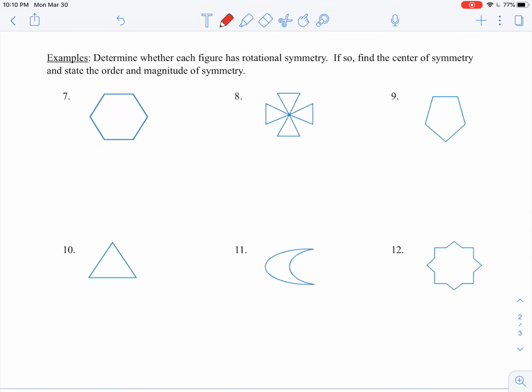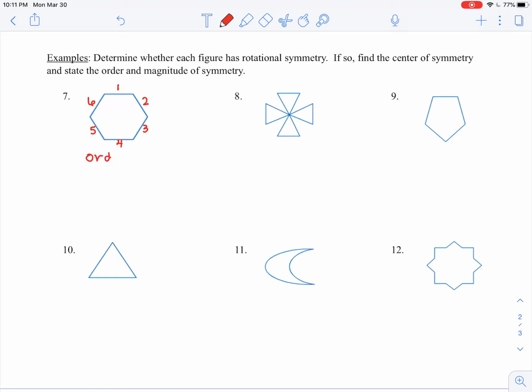When we take a look at the examples, we're figuring out first if each figure has rotational symmetry, and then if it does, state both the order and the magnitude. When you look at question number 7, you can assume that this is a regular hexagon, and actually every single regular polygon has rotational symmetry. For a regular polygon, the order is always going to be the number of sides. Just like the example with the square, if I took this hexagon and I turned it sort of like a Ferris wheel, each different side has a turn to be up at the top.